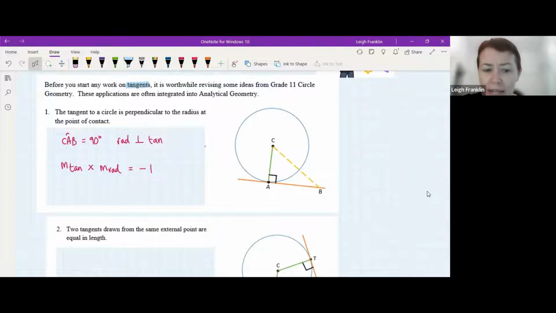And because it's a right angle triangle, we could also use the theorem of Pythagoras. I hear you all bellow. Yes, absolutely, quite right. So CA squared plus AB squared is equal to CB squared. Don't forget about good old Pythagoras.